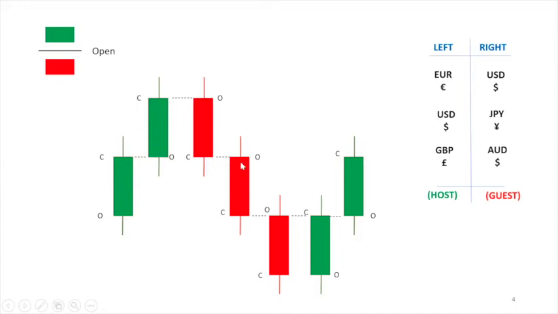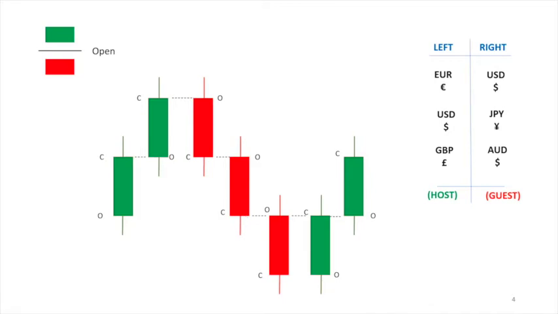Then again the second hour, price opens at the close. The price moved down again, closing below the open price, so the candle turned red again.